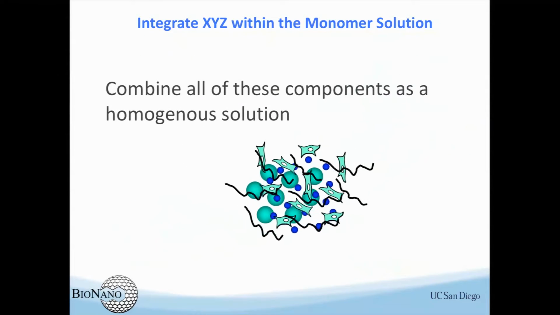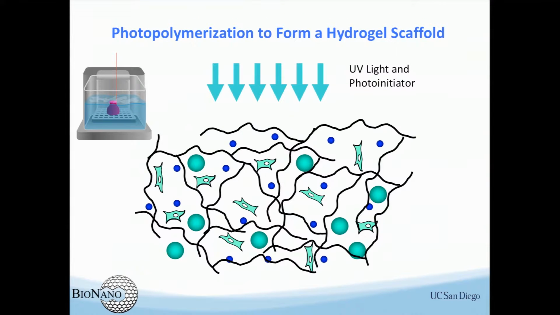So you have a mixture of this solution, then you shine the light, and this light is magic that can cross-link these monomer chains. When you cross-link them, they become polymer. And once they are polymerized, they lock these cells or particles in the light spot. So by that, you can hold these cells in the gel.